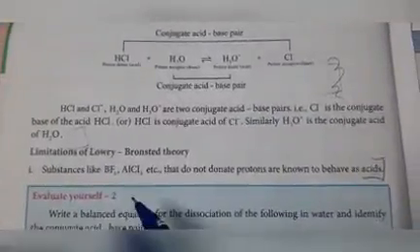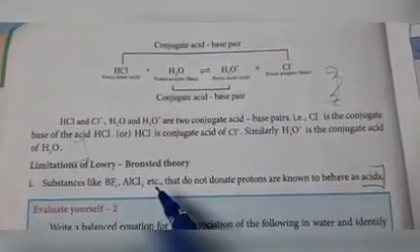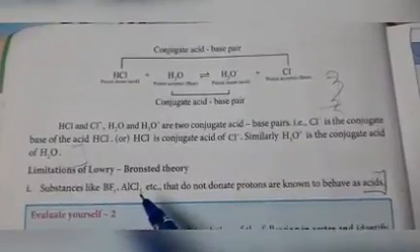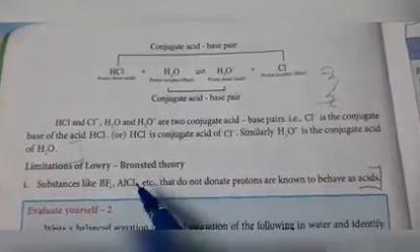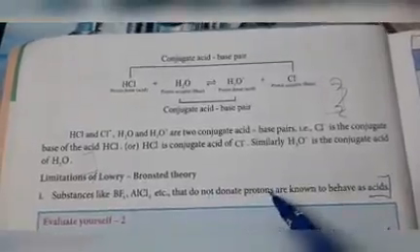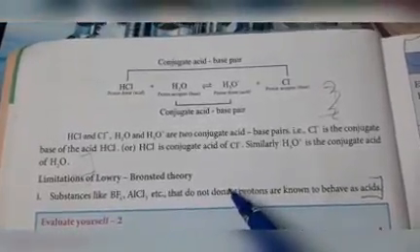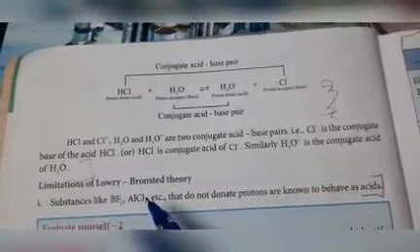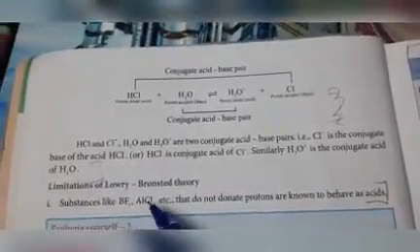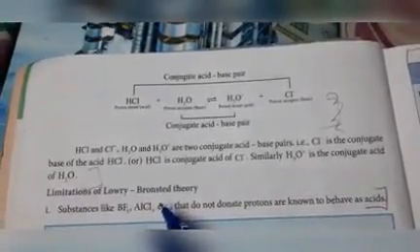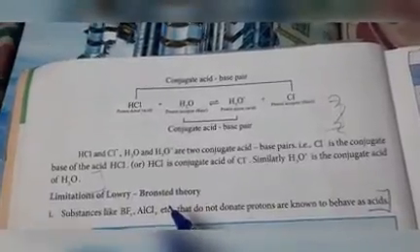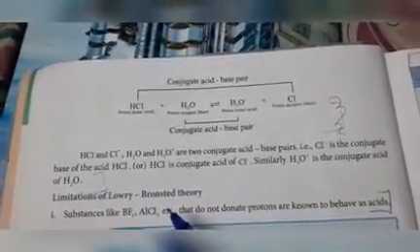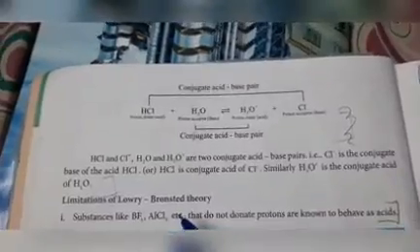Limitation of this theory: substances like BF3 and AlCl3, both called Lewis acids, behave as acids. They do not donate a proton. According to this concept, the one that donates a proton is called an acid, but these two compounds generally behave like acids even though they cannot donate an H+ ion.